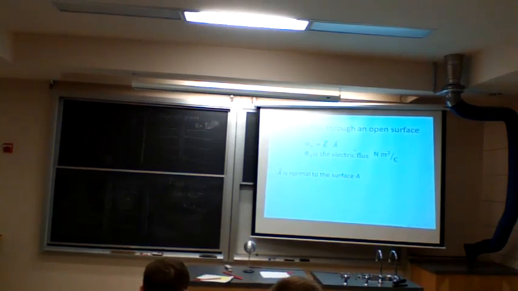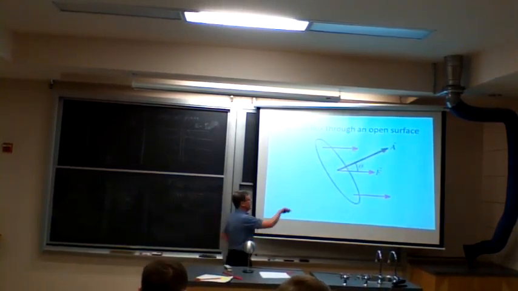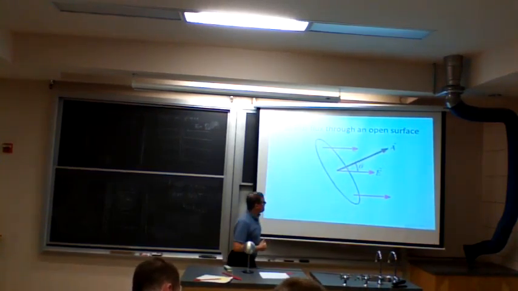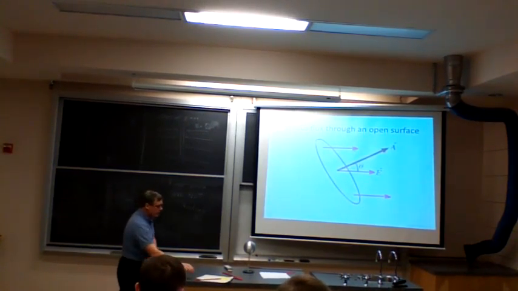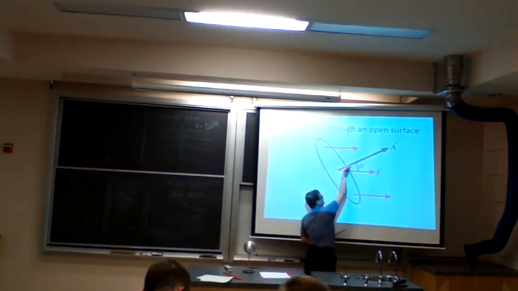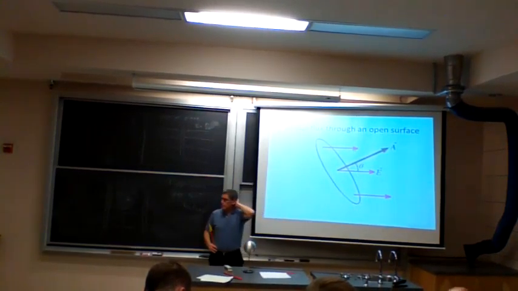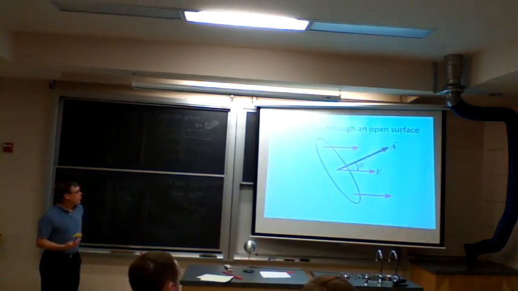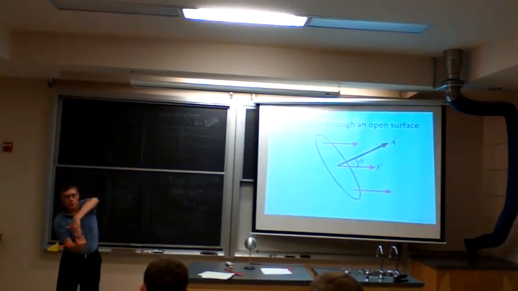But calculating this flux is a bit tricky. So imagine we have a ring, a round surface, and an electric field that's going through that surface. If the electric field isn't coming directly perpendicular, if there's some difference in angle between the tangent to the surface and the electric field, then the amount of flux will be less than if those two were completely oriented.